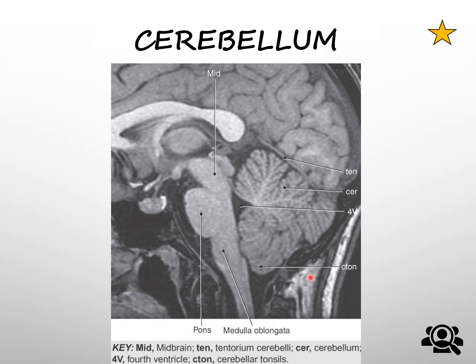We have our cerebellar tonsils right over here. Again, the fourth ventricle is here. The choroid plexus should be right over here, which produces the CSF. The tentorium cerebelli separates the cerebrum from the cerebellum, so the big brain and the small brain are separated by this lining right over here.